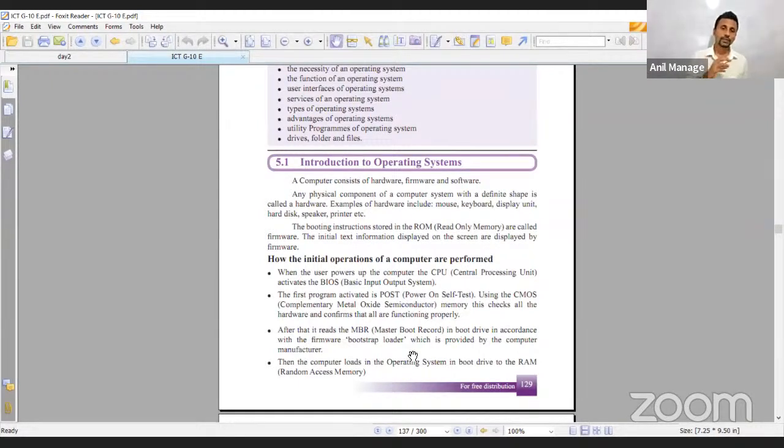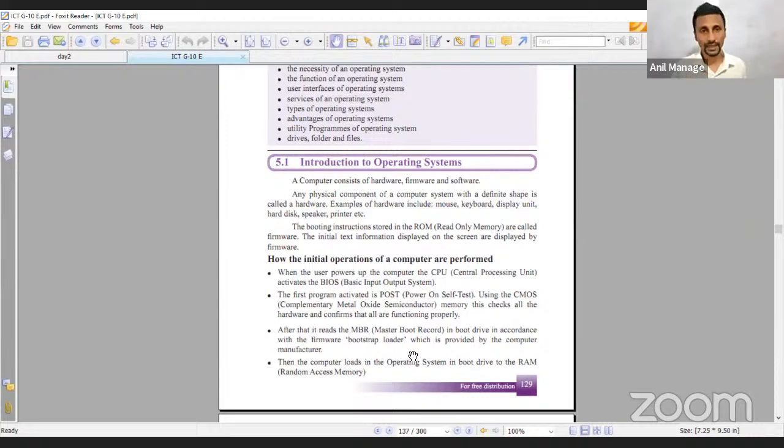As an example, if you have a desktop computer and you unplug the keyboard and mouse and switch on the computer, when the BIOS program runs it will detect that you don't have a mouse and keyboard. Then you will get an error message saying they are not connected. That is happening because of the BIOS program.